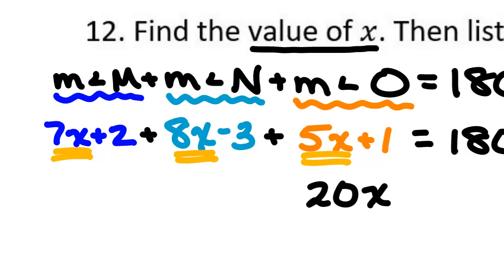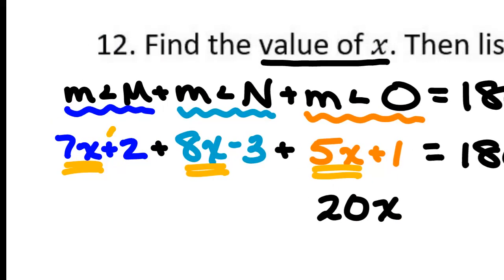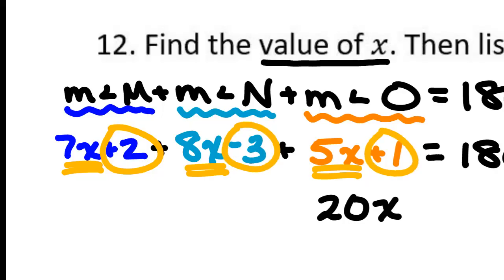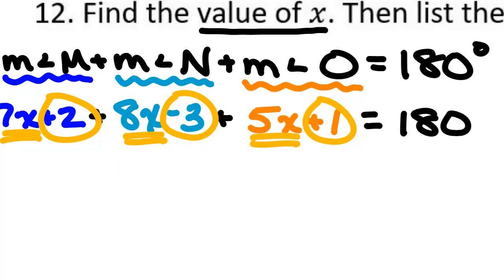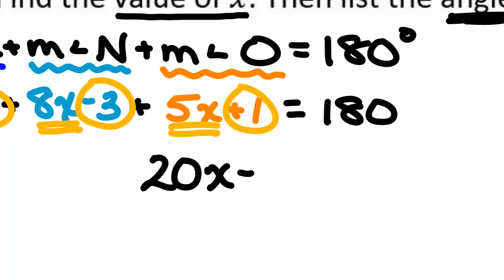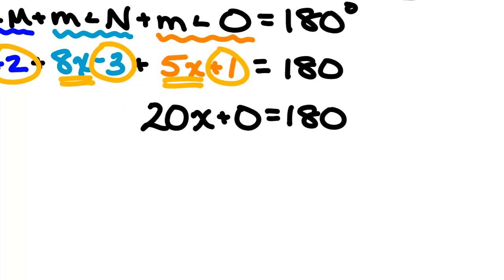And then we're going to combine our other like terms, our constants, the pieces without the x's. I have 2, -3, and 1. That's 0. So I have 20x plus 0 equals 180.